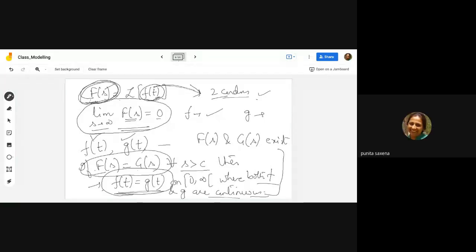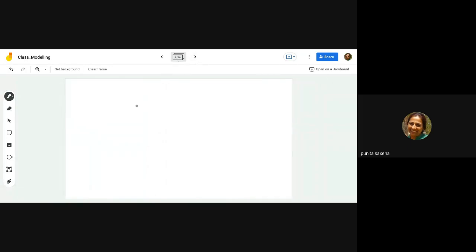Now the thing is that if you just go back to that table which you have written, in which we have written the Laplace transforms. Just for example, you have written that the Laplace transform of t was 1 upon s square for every s more than 0.